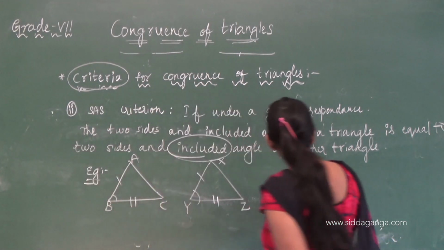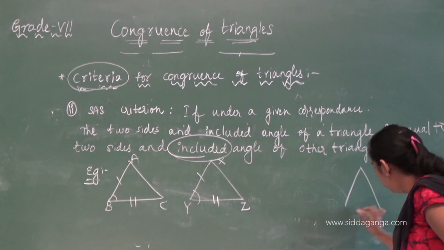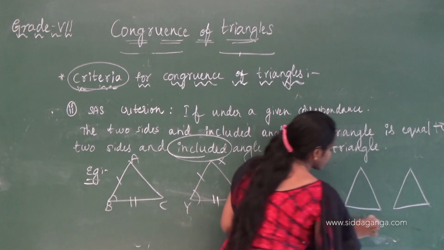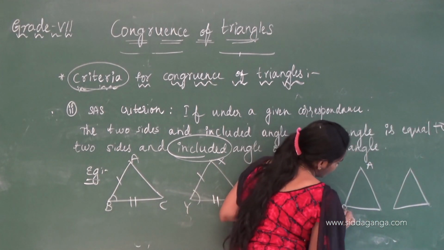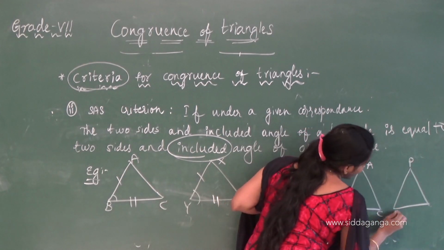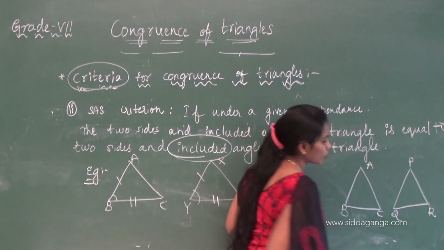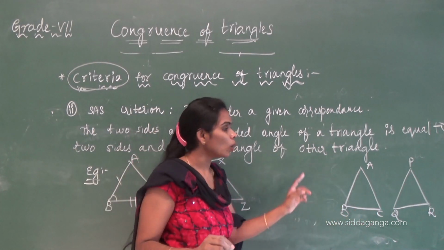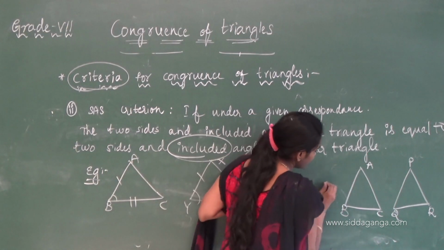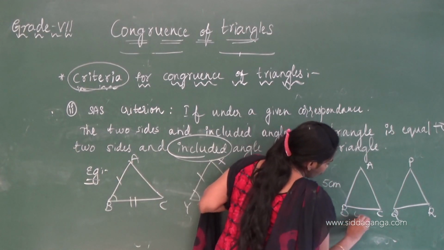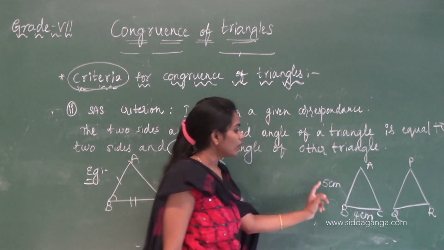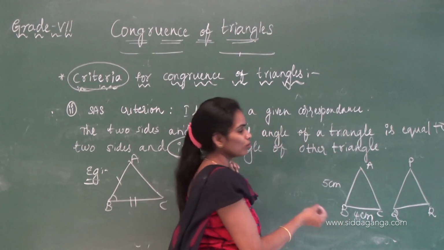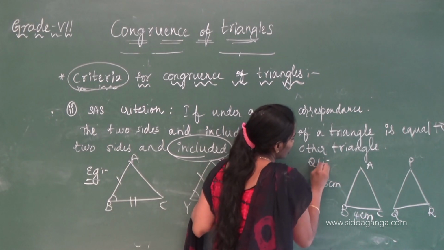If they give it like this, A, B, C and P, Q, R. Just observe here: 5 centimeters, 4 centimeters. I am taking 5 centimeters and 4 centimeters. This is the question, you can think of it as the example question.